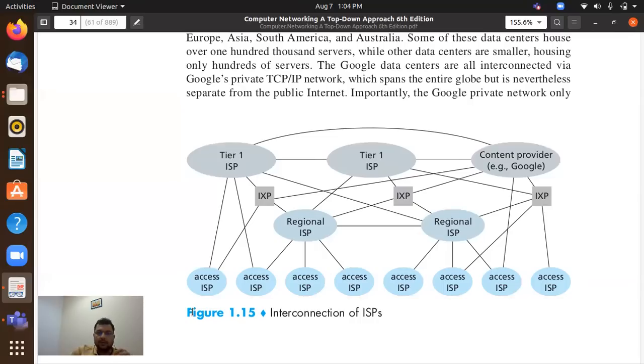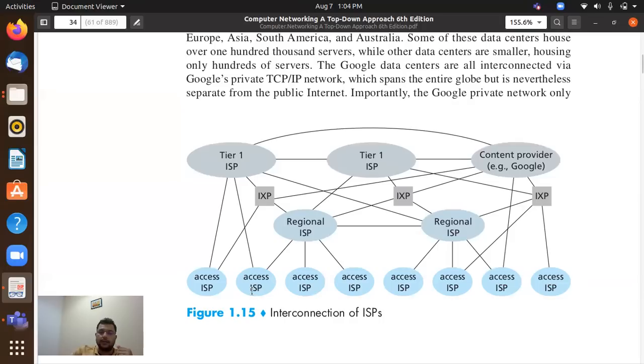It may be possible, but for the namesake, for understanding purposes, in between the access network and the tier 1 network, there is someone like regional internet service providers. So regional internet service providers have customers who are connected to them as access internet service providers or residential service providers.